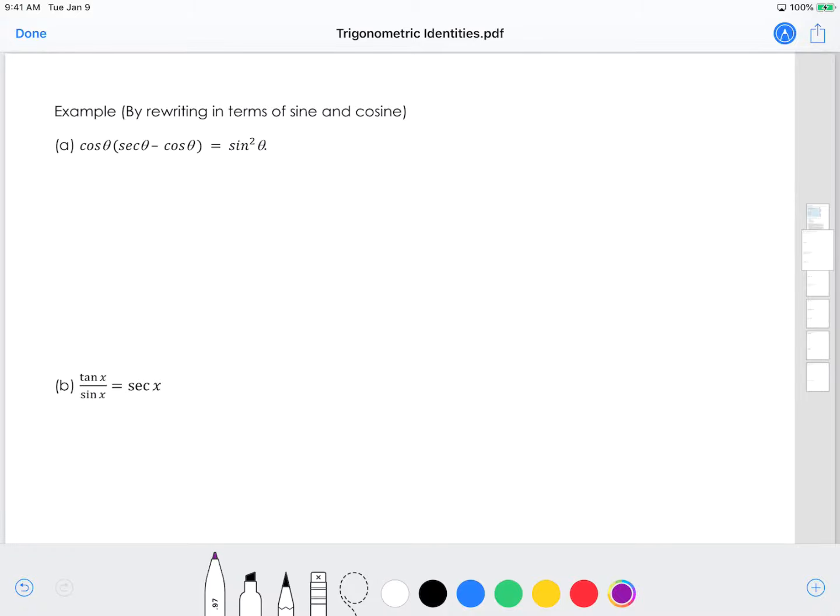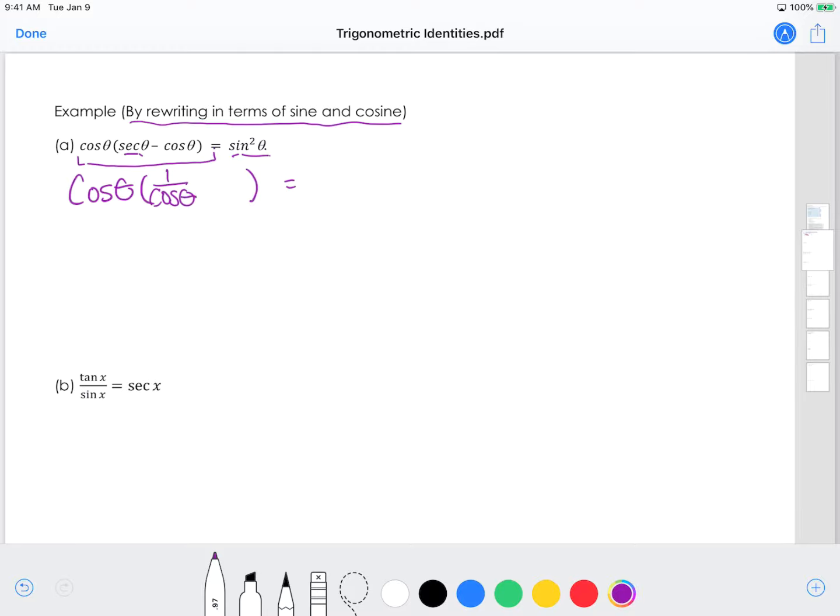So if you notice, this side I would consider the more complicated side. There's not a whole lot you can do with sine squared. We have a secant here, and I'm going to rewrite that so that it's in terms of cosine. So I'm going to write cosine theta, and then in parentheses, I'm going to rewrite secant as 1 over cosine theta.